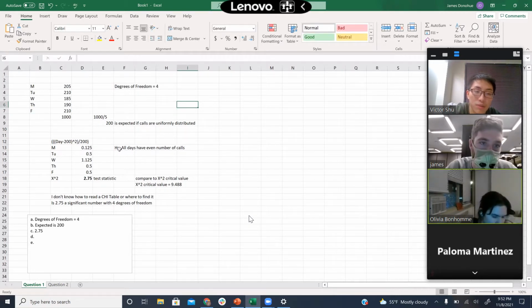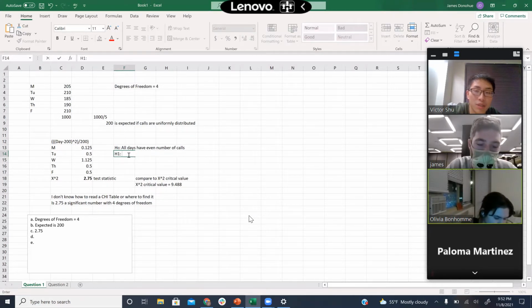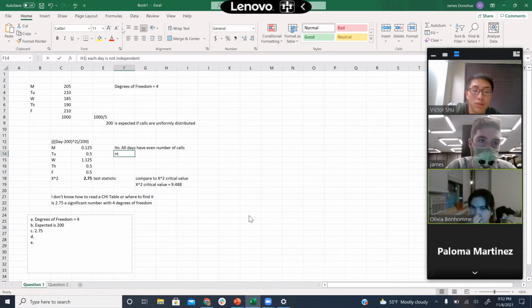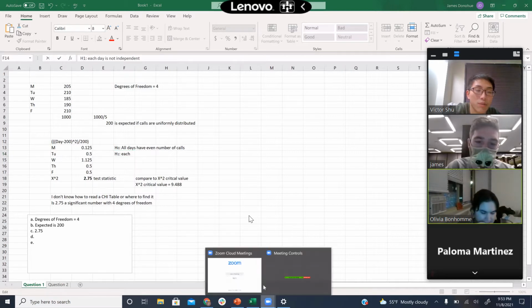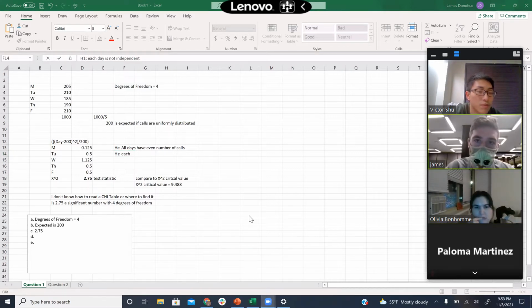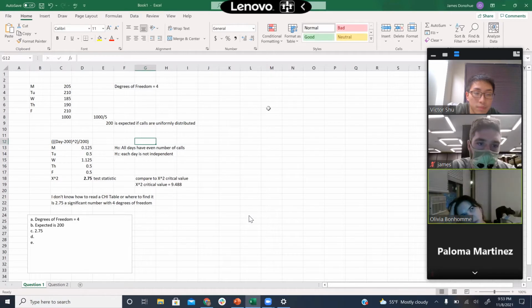Another hypothesis is that each day is not independent. For example, I may have more calls on Monday because it's the first day of the week and people tend to call you then rather than on the weekend. So when you try to understand if two or more data are independent or not, you use a chi-square test. Okay, got it. That makes sense.